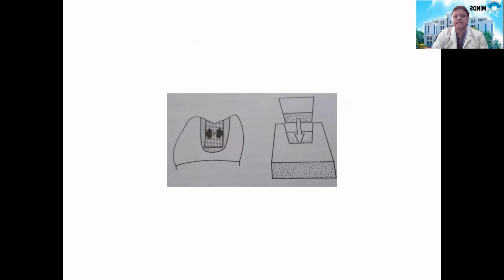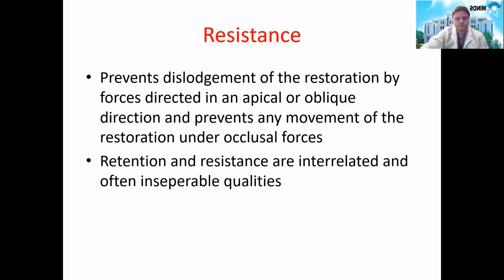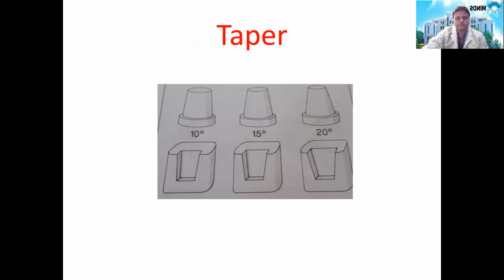When you're looking at an intracoronal restoration, the walls are created in such a way that we have a wedge type of retention. So this is the taper which we can give: 10 degrees, 15 degrees, 20 degrees. The more the taper, the less the retention.